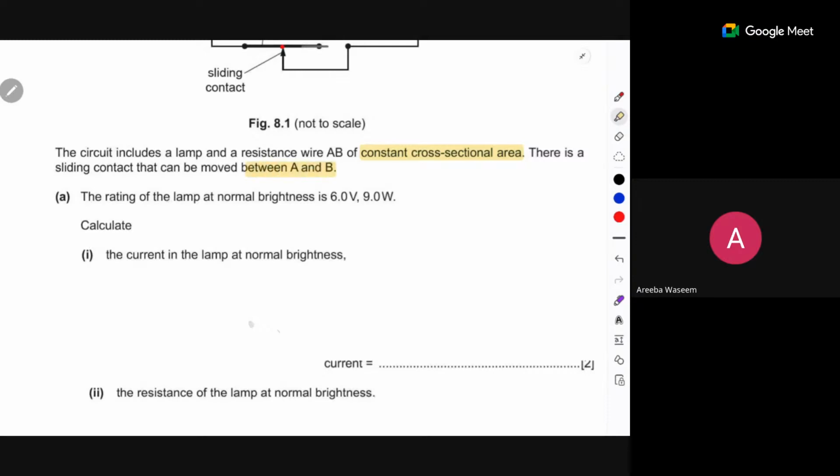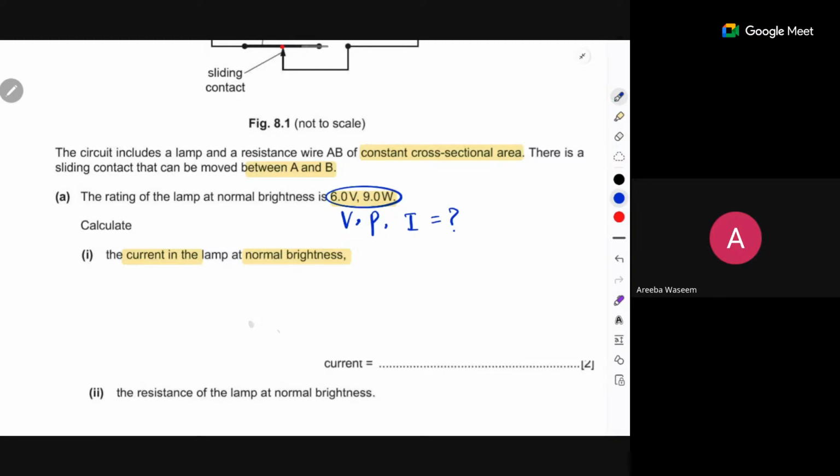The rating of the lamp at the normal brightness is 6 volt and 9.0 watt. Calculate the current in the lamp at the normal brightness. Yani, this question deals with this formula, what you have here. So in this formula, what do you have? You have voltages and you have power, and what is required?